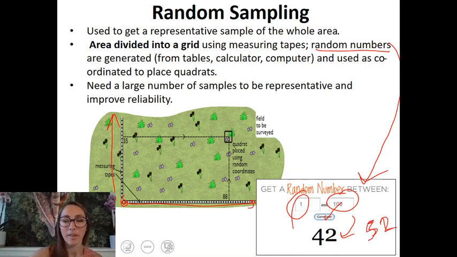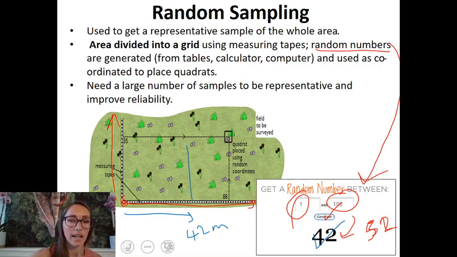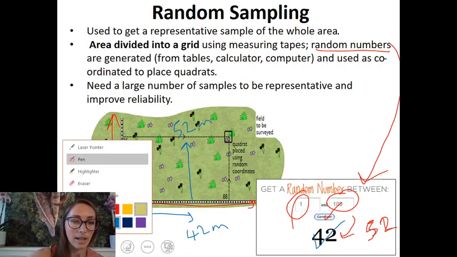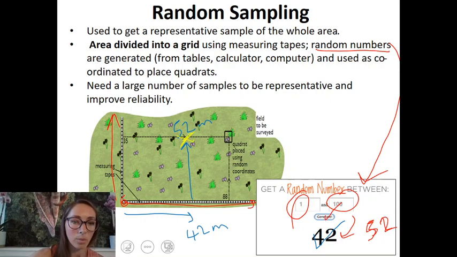And so my first number here, number 42, I'm going to imagine that one I walk along until I get to 42 meters along my x-axis, and then I'm going to walk up until I get to 52 meters on my y-axis, and then at that point there, that is where I'm going to put my quadrat.